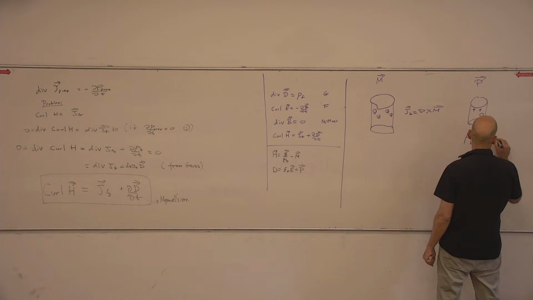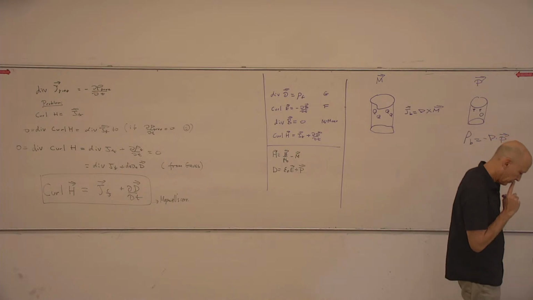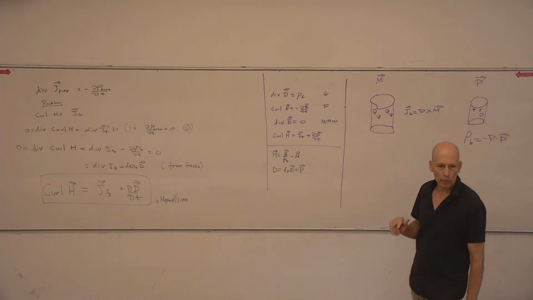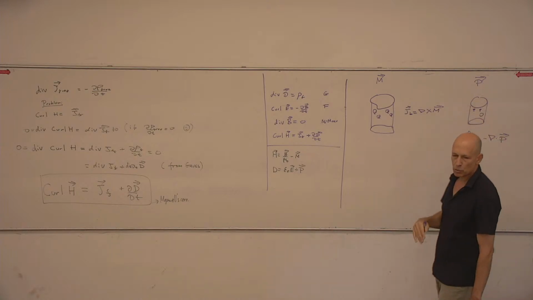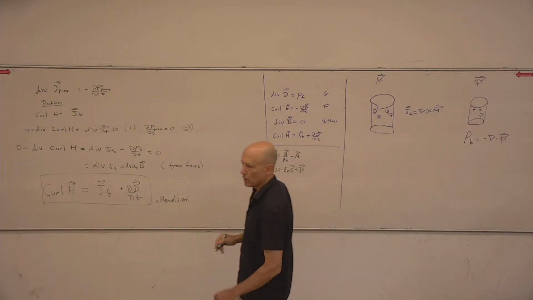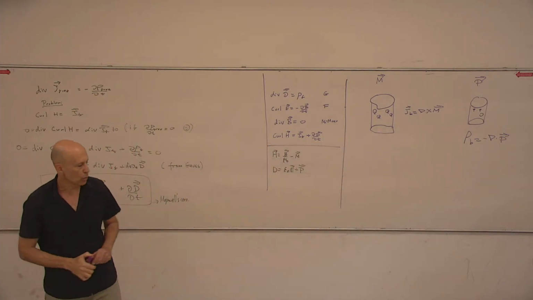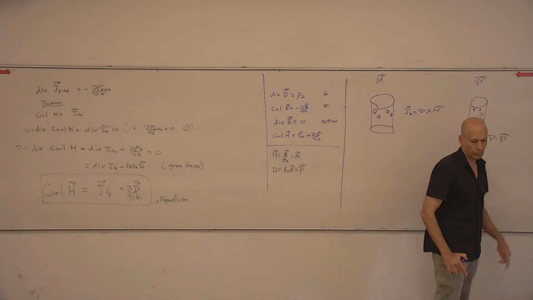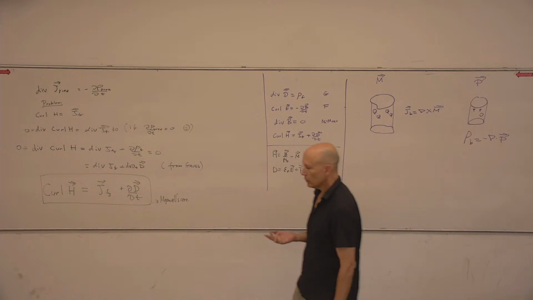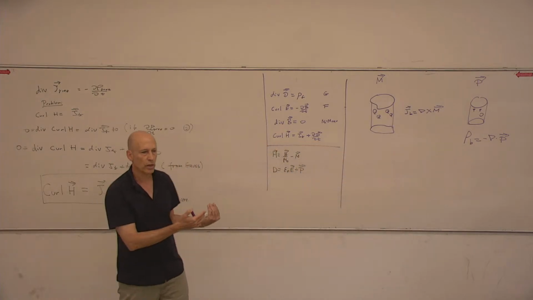This was minus the divergence of the polarization field. Again, I hope you remember. If I have more dipoles here than here, then effectively we have more charges on top than on the bottom, and this will create some charges. And again, this was used inside, for example, Gauss's law. You need this charge.